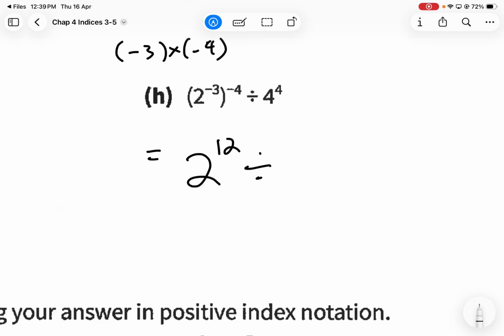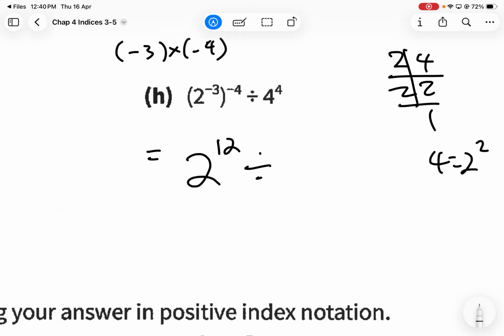It is one with base 2, one with base 4. I cannot continue. So last topic we learned that we can change base. Instead of 4, 4 is actually 2 times 2, or 4 equals 2 squared.